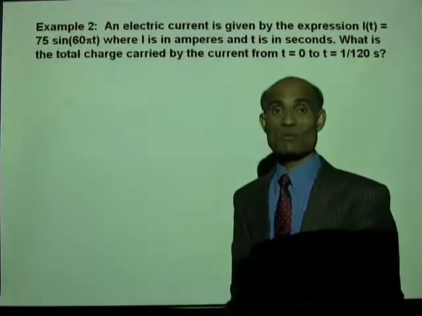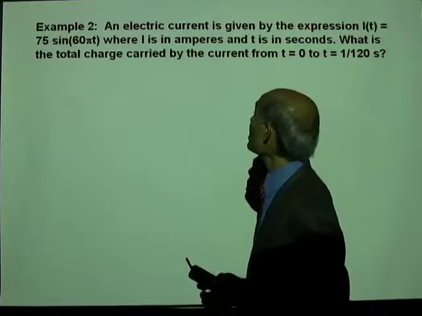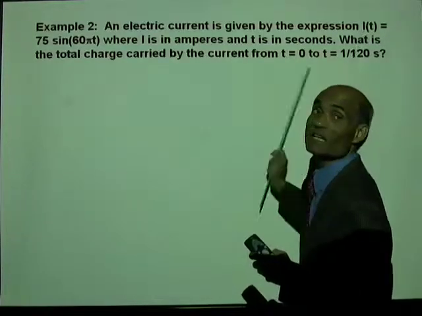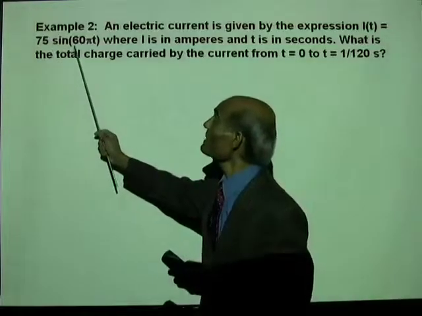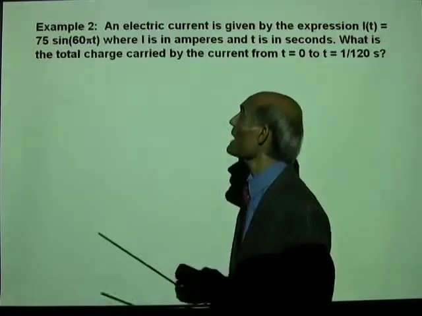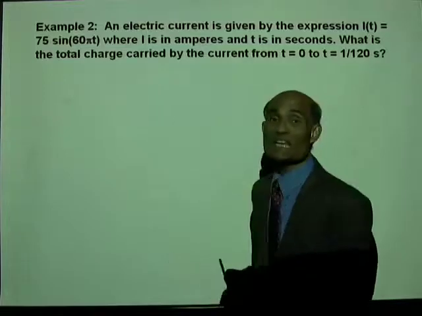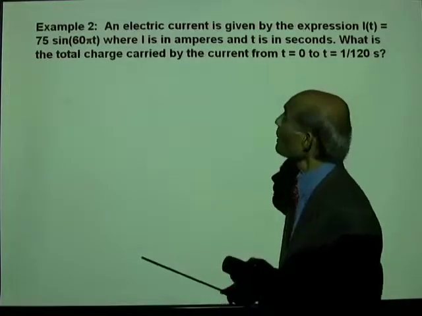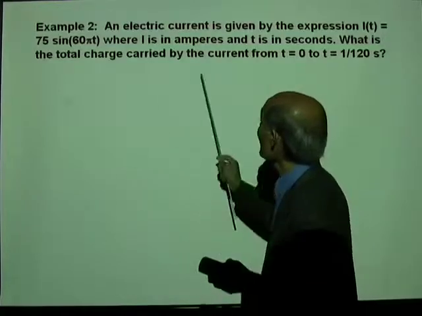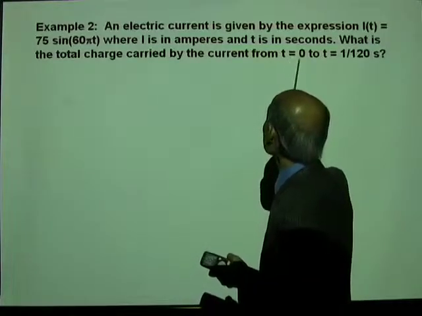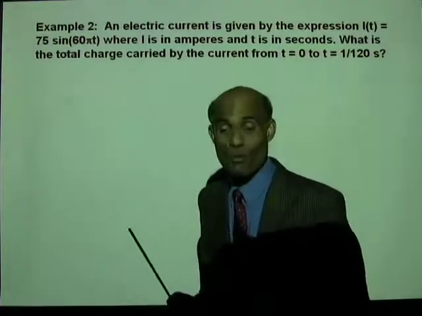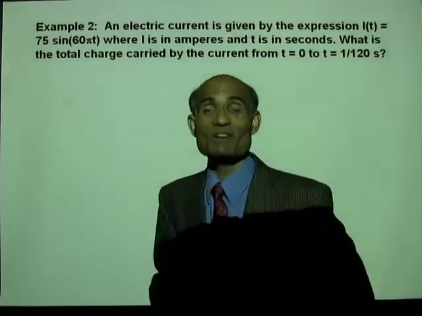Okay? Another one. An electric current is given by the expression I of t equal to 75 sine 60 pi t, where I is in ampere and t is in seconds. What is the total charge carried by the current from t equal to 0 to t equal to 1 over 120th of a second?